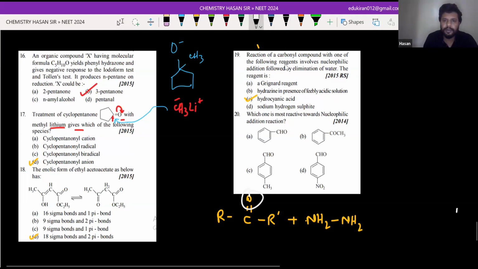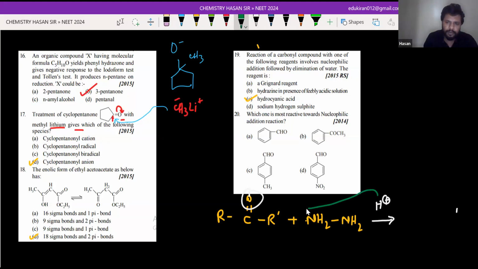Nucleophilic addition reaction involves, okay. So first you are going to protonate this. If you are going to protonate this, you will be getting this. This will be going like this, and this will be attacking on this.